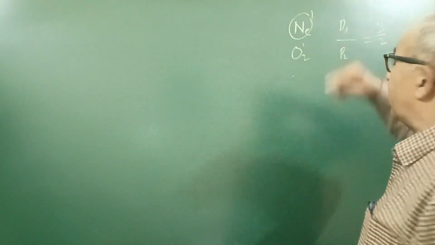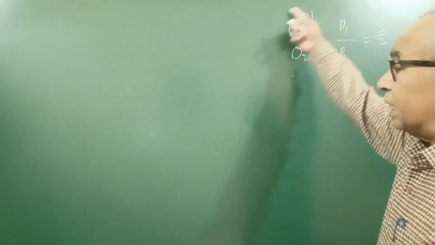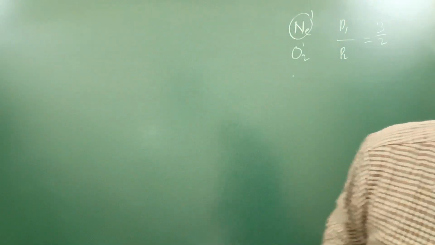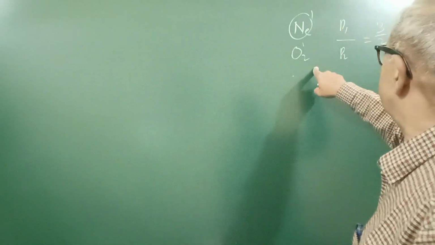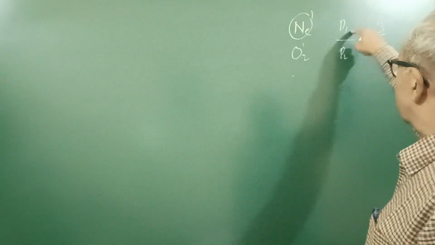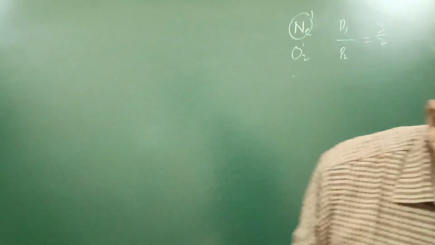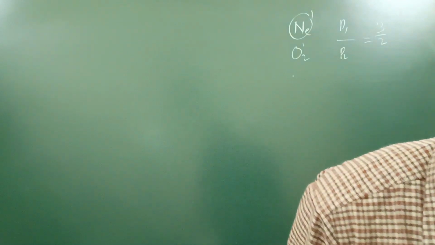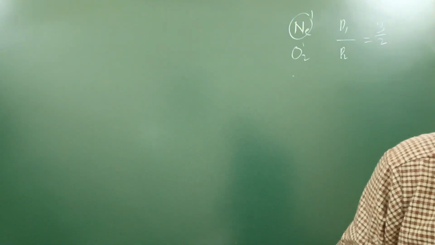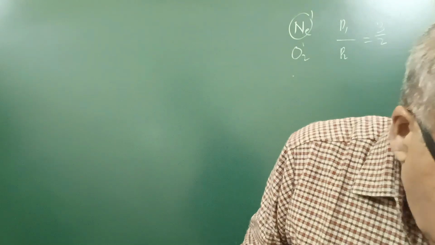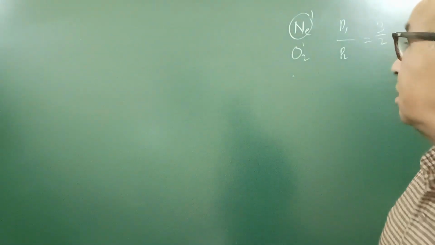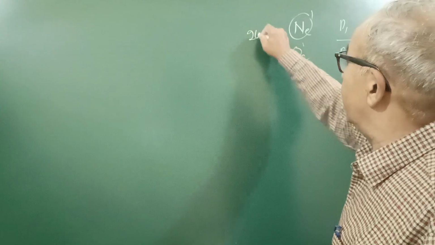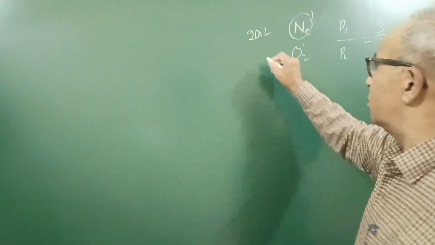They are filled in a container. Find the ratio of the number of molecules and the ratio of mass density of neon and oxygen. The molecular mass actually is 20.2. You can take it as 20 also, and 32.